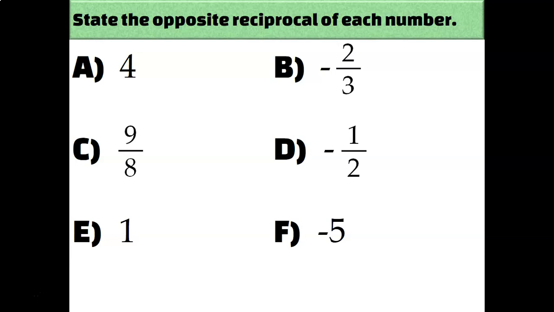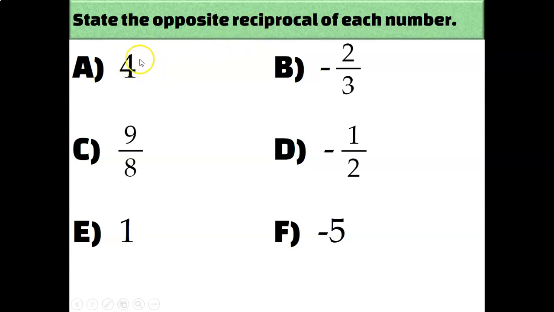So if I ask you to find the opposite reciprocal of 4, it can help to think about 4 as 4 over 1. Since we're doing the upside down thing, we're exchanging the numerator and the denominator, it's helpful to have both a numerator and a denominator. And remember that with numbers like 4, any integer that doesn't have a denominator really does have a denominator of 1.